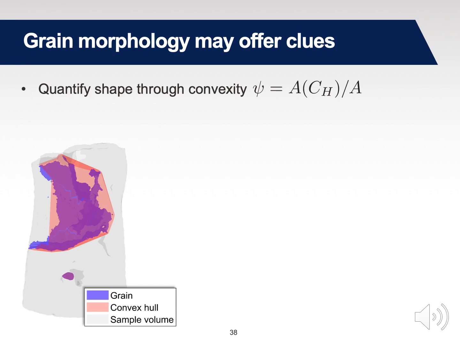And so if you have a highly irregular grain shape, you should have a very low convexity value. So this parameter ranges from 0 to 1, where the most irregular shape, such as a fractal, should have very low convexity. A fully compact and equiaxed structure should have a convexity of 1.